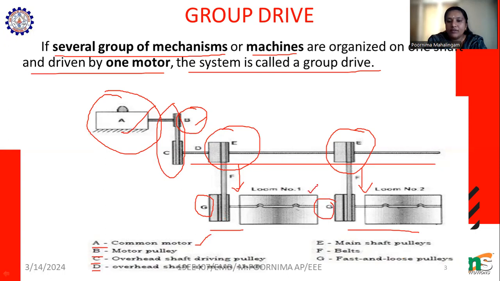And finally we have loop number one and loop number two, based on the application. Here several mechanisms or machines are organized and driven by one motor. With one motor, this system is called a group drive.